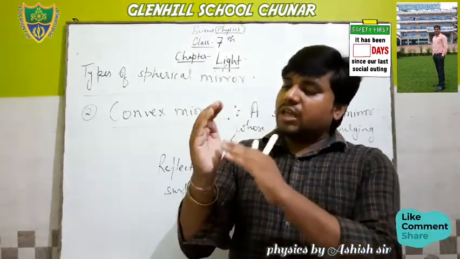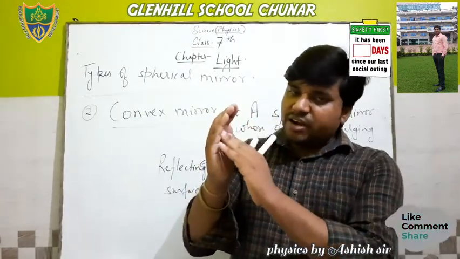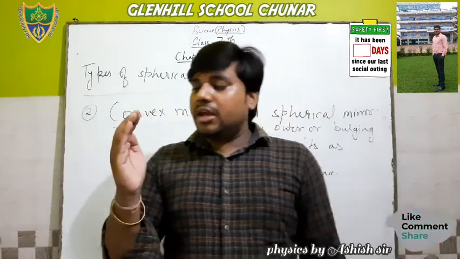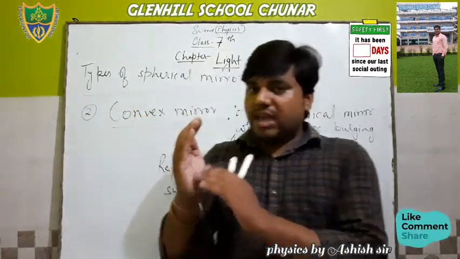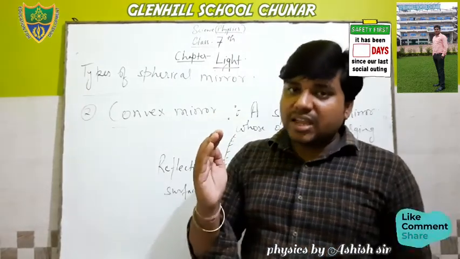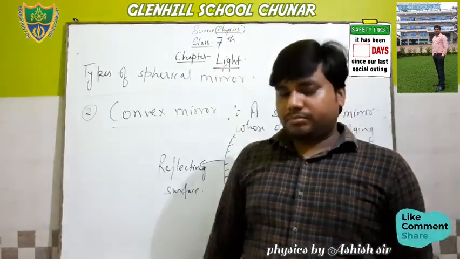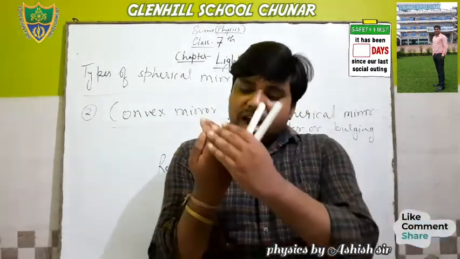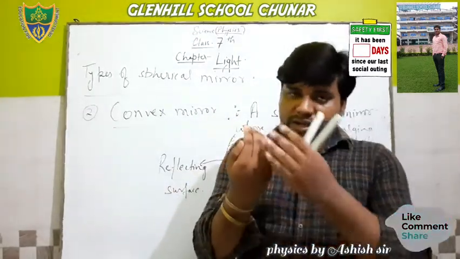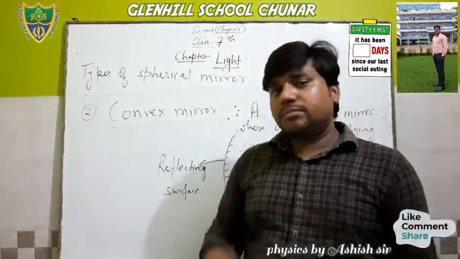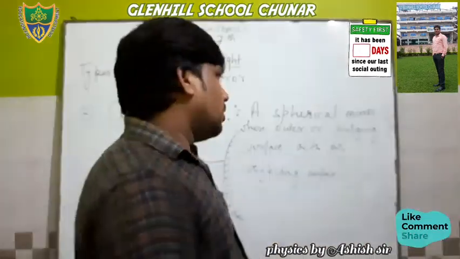But if you see the inner side of the spoon, the hollow side of the spoon, then that side acts as a concave mirror. And if you see the next, bulging side of the spoon, then it acts as a convex mirror. Understood? Okay.